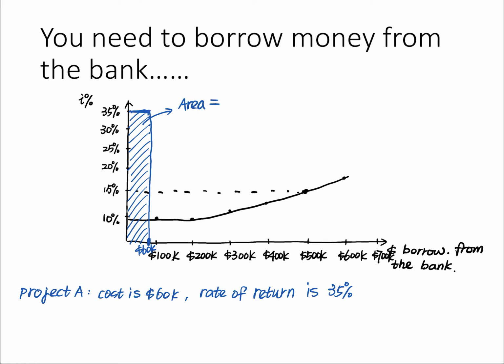What is the area? So the area is the height times the width, okay? Which is the height is 35%, the width is 60K.